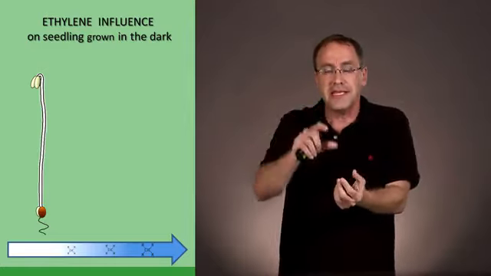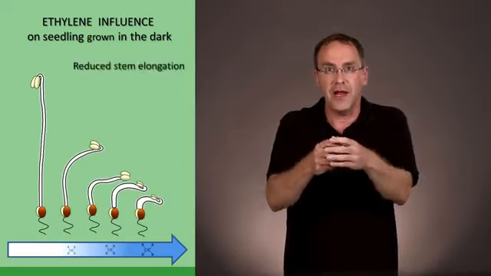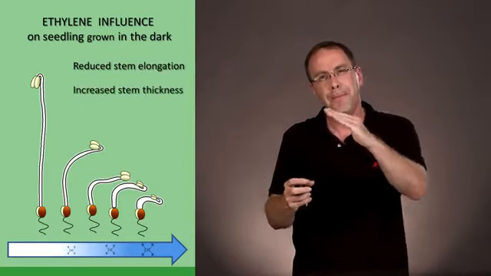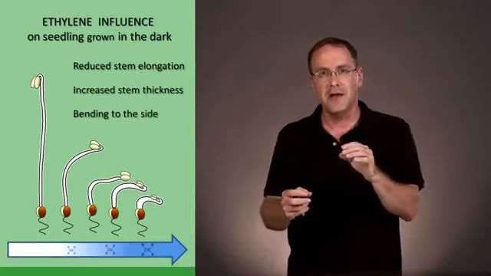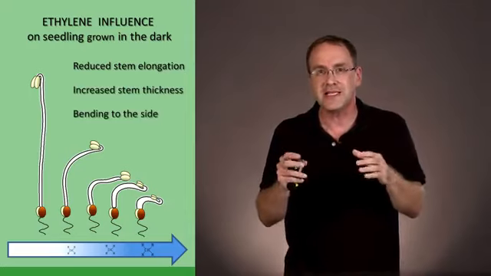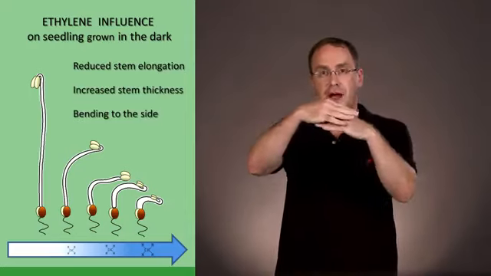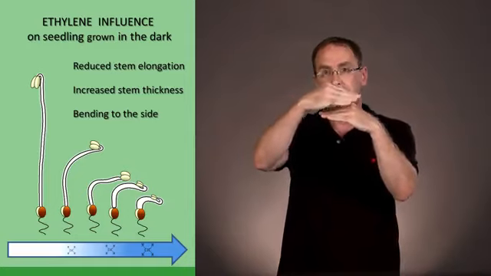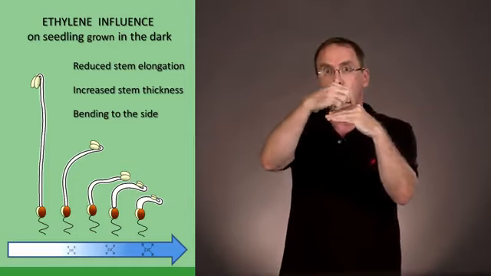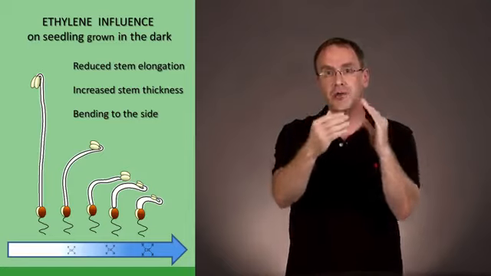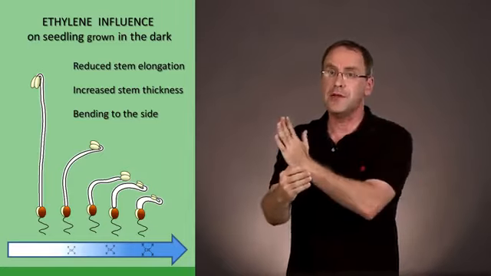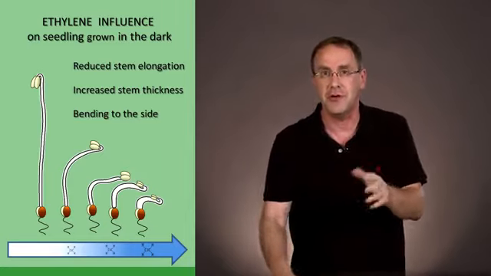We get reduced stem elongation, we get a thicker stem, and it actually ends up bending around to the side. Now, one of the reasons we think it does this ecologically is that as a seedling is germinating, coming up through the ground, if there's something blocking it, say a rock, there'd be a local increase in ethylene, which would then let it bend to get around it. This is what we think is happening in nature, but we don't know.